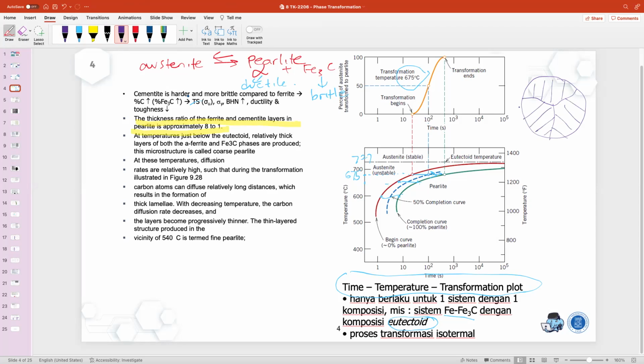If we consider this is the cementite, the purple one, and this one is the ferrite, the thickness of ferrite and cementite layers is approximately 8 to 1.